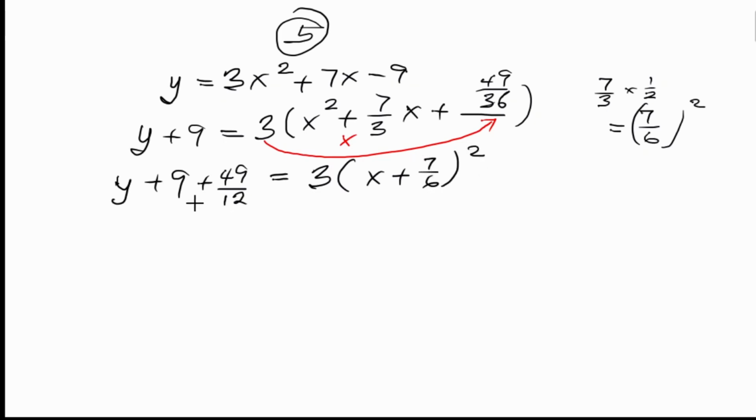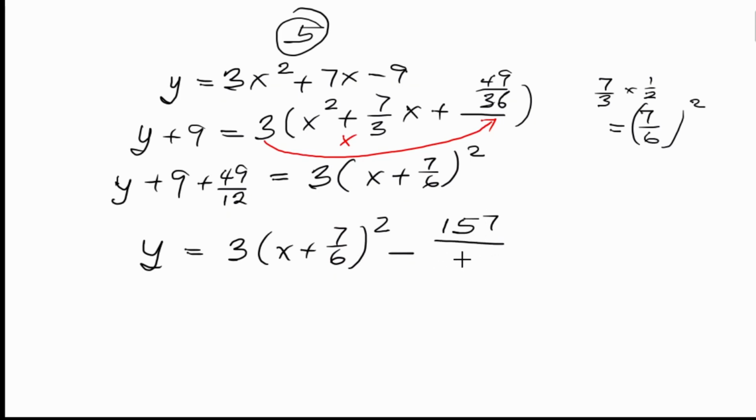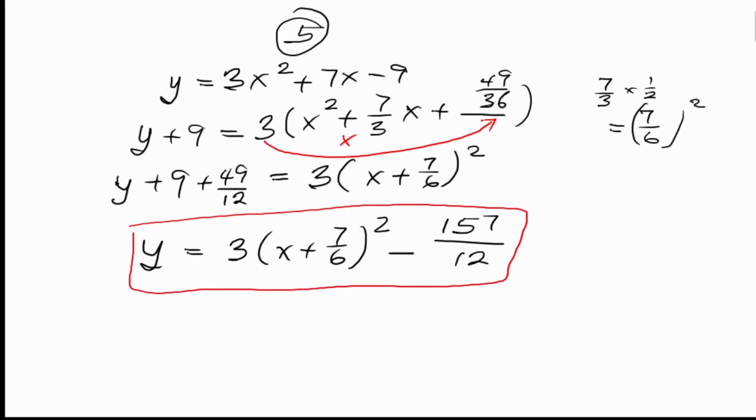Then we add these together and move it to the right side, so that gives us y equals 3 multiplying x plus 7 over 6 all squared minus, because this is positive, and when we add the two sides, we should get 157 divided by 12. And this is our equation expressed in the vertex form.